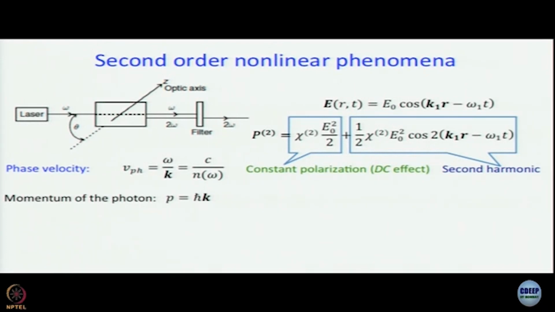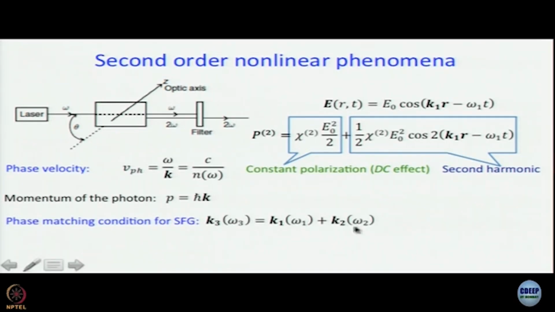Okay? Right. Now comes the important discussion, again more or less axiomatically, without going into the math. It is important that we know this, the phase matching condition that has to be satisfied, and we will see why that has to be satisfied for getting second harmonic generation. Here this expression is written in a little more general term, where we are saying omega 1 and omega 2, two different kinds of photons are combining to give you some frequency generation.